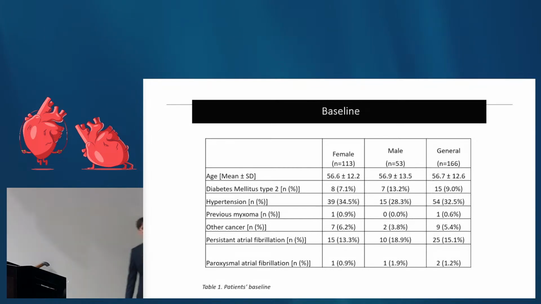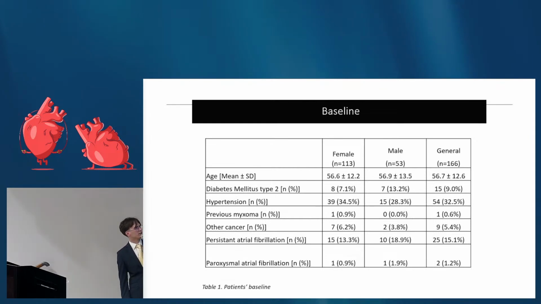Regarding the baseline of the patients, cardiac myxoma is present mostly in women, and similar statistics were seen in our cohort. The other comorbidities are pretty similar to the standard cardiothoracic patient population.